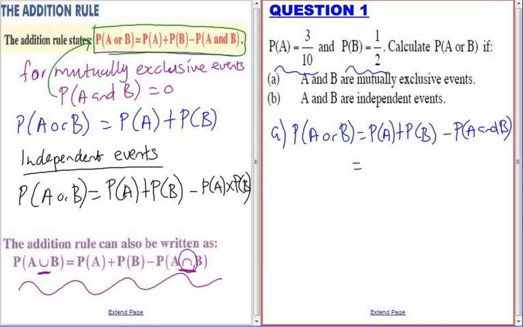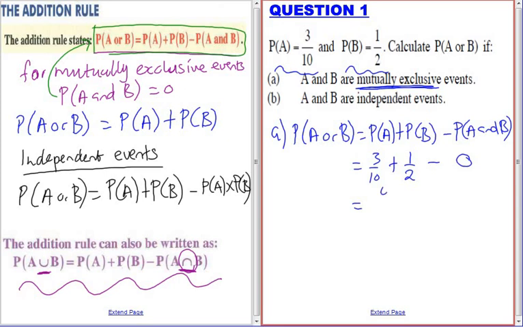So probability of A was given to us to be 3/10. The probability of B there is 1/2. But because we were told they are mutually exclusive, we know that this part is a 0 over there. So just quickly add those two on your calculator, just like what I'm doing here, and then see what you get as well.